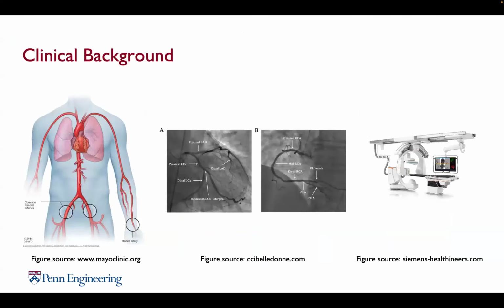So coronary angiography is a procedure where you use X-ray and a special dye to highlight blood vessels in the human body, and we are interested in the coronary tract. However, X-rays are in 2D, and you lose a lot of the 3D vessel information, such as eccentric stenosis, or there are lots of branching and occlusions that you lose.